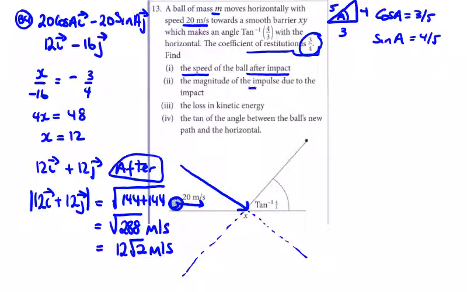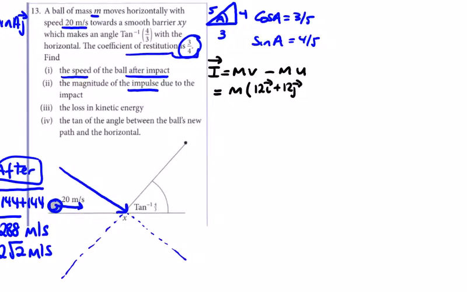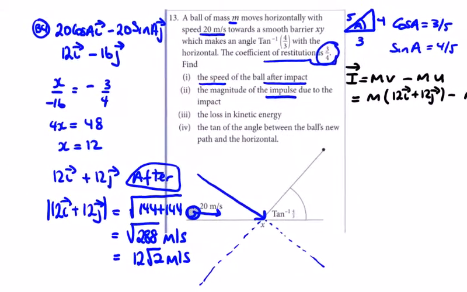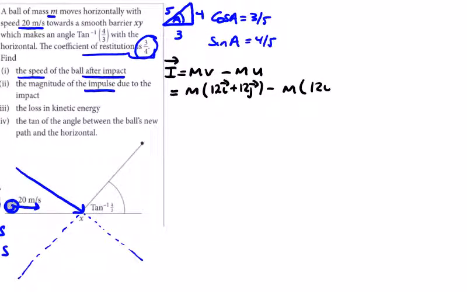The magnitude of the impulse due to the impact. So the impulse is equal to mv minus mu. So let's have a look at what's going on here. The mass m times v, which is after, 12i plus 12j, and then minus m times before, which was 12i, just double check, minus 16j.